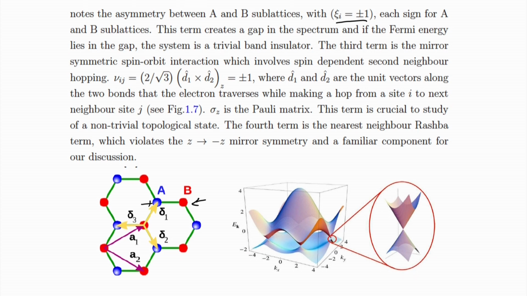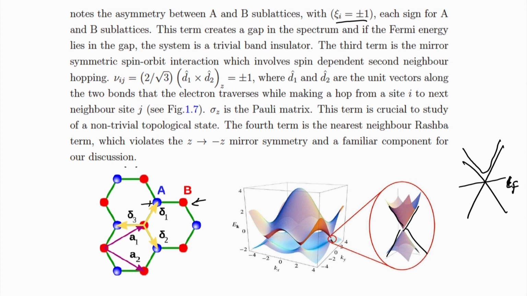What was told is that this is the Dirac spectrum. Close to one of the Dirac points, you see that this is linear, and this is your Fermi level. However, this term splits that. So, there is a gap that is created.